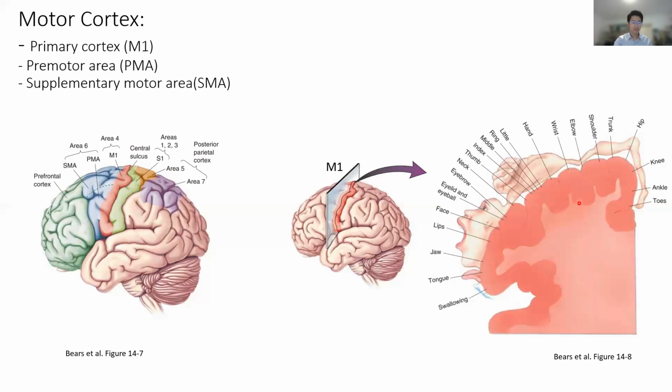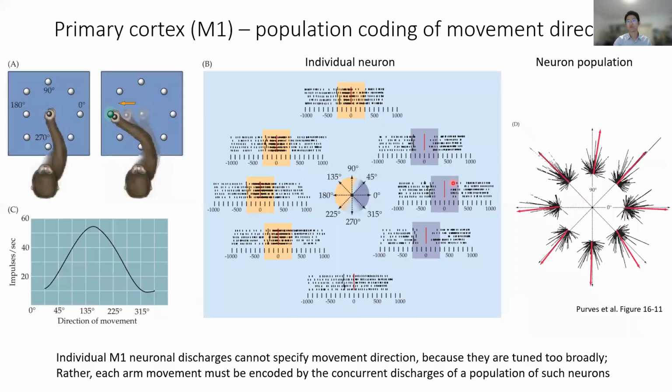Okay, and so this is the basic anatomy of M1. Let's look at what the neurons in M1 do. This is an experimental study in monkeys.